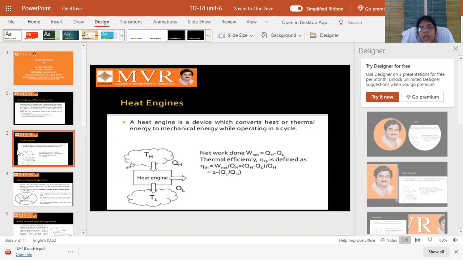The systems used are the heat engine, the heat pump and the refrigerator. Those are the examples for the second law of thermodynamics.